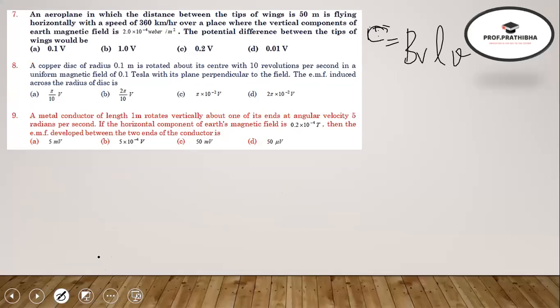So the plane is going to give you horizontal motion. That's why it will be written that the vertical component of the Earth's magnetic field is given. So please solve it and tell me how much you're getting. Please solve question number 7.